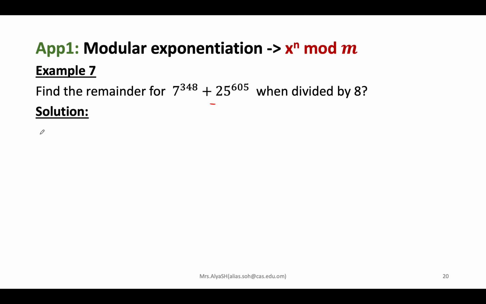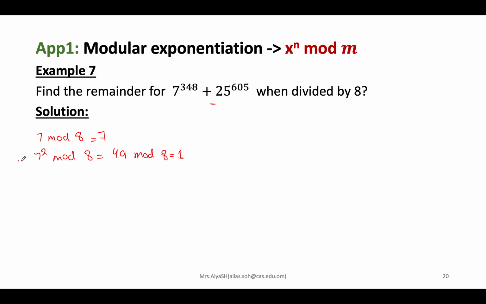So here we have 7 mod 8 equals 7 because 7 is less than 8. 7 square mod 8 equals 49 mod 8, and we got that 49 mod 8 equals 1.